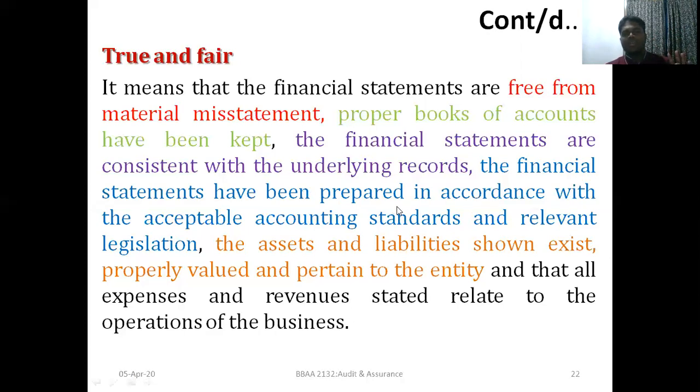The financial statements have been prepared in accordance with the accounting standards. They properly adopted all the accounting standards and relevant rules, and properly follow the Companies Act. As I said, everything is fantastic. It means free from material mistake. There is no big misstatement. That is what the drawing here indicates.